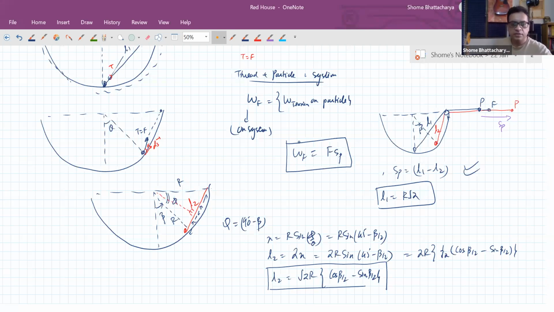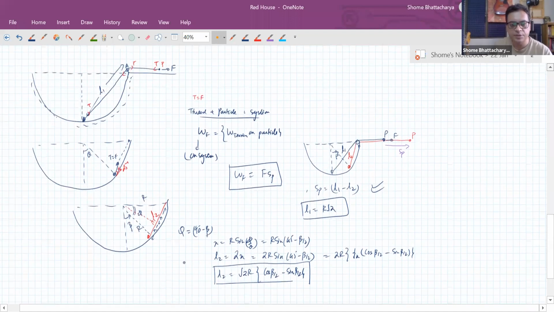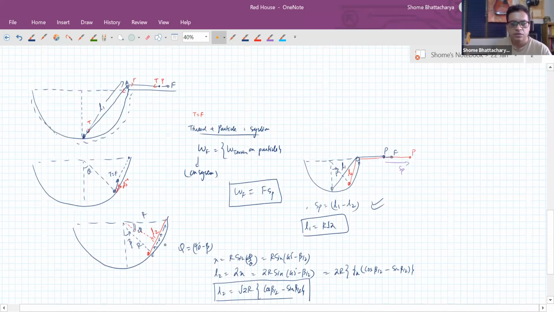Hope all of you are understanding this. Please let me know if there's any confusion, any doubt. I made the rough diagrams, but just using that property of the isosceles triangle, this triangle over here.